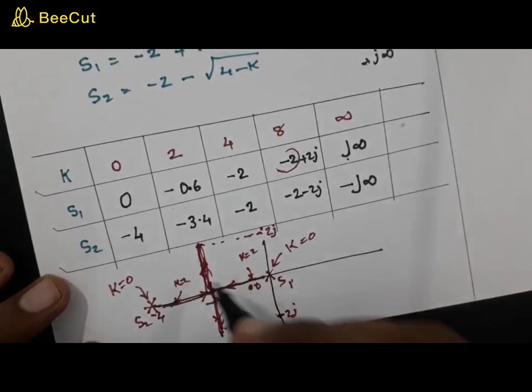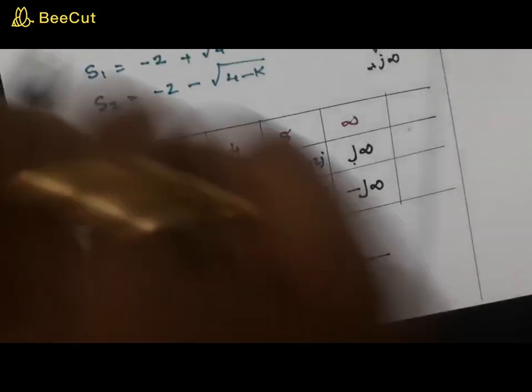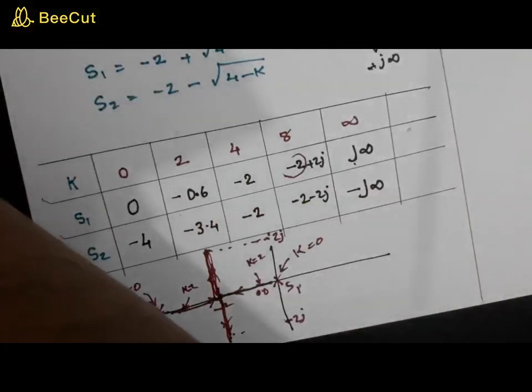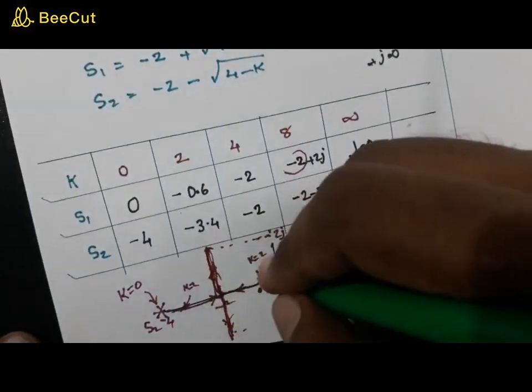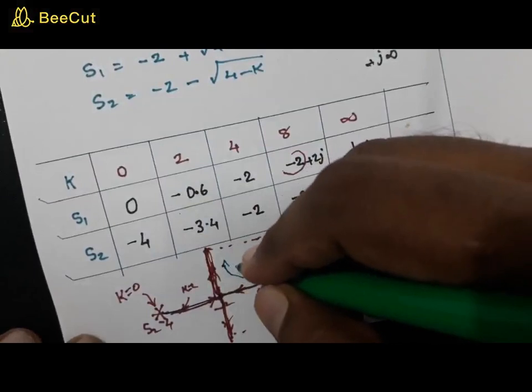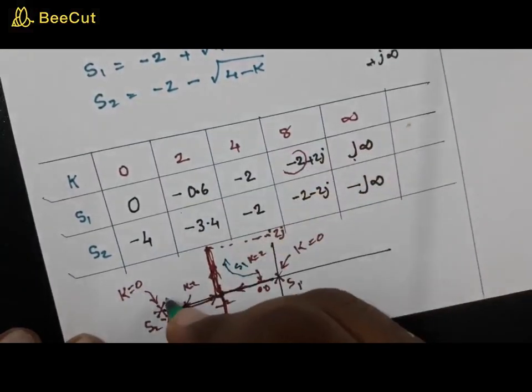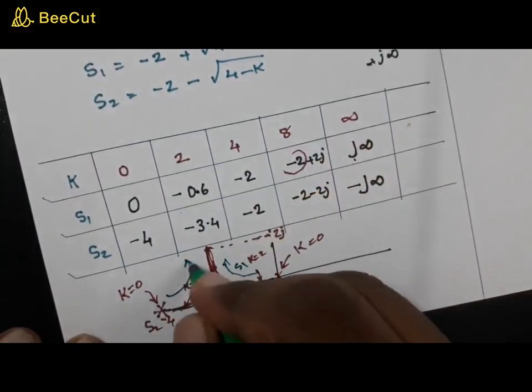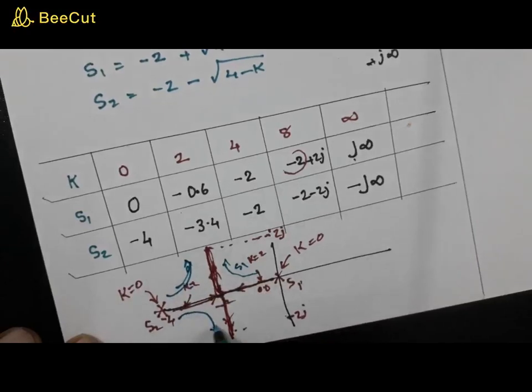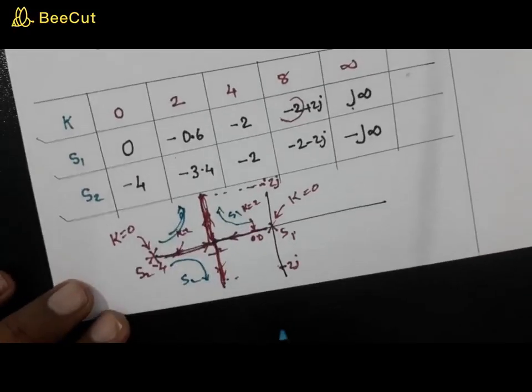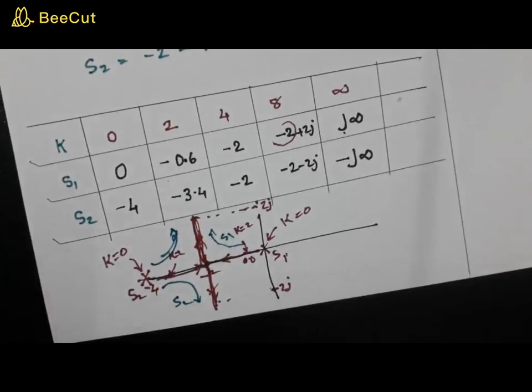Okay. Now, this is actually the root locus. So you can say that this is the root locus of S1, and this one is the root locus of S2, right? So what do you say about this system?